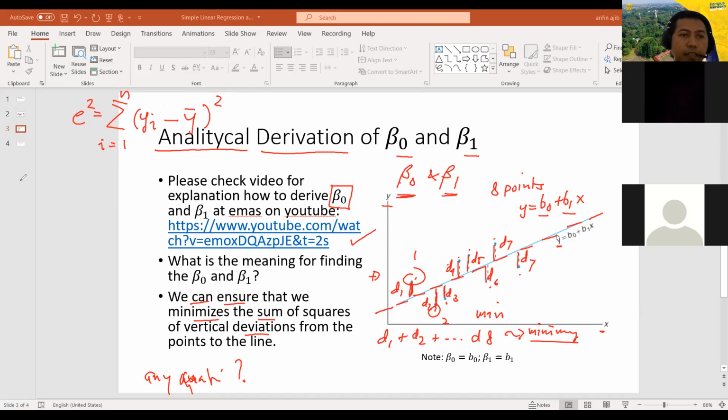The total error is D1 plus D2, and this should be squared, then D3 and so on until D8. And D itself is the deviation, Y1 minus Y estimated. Is it correct?